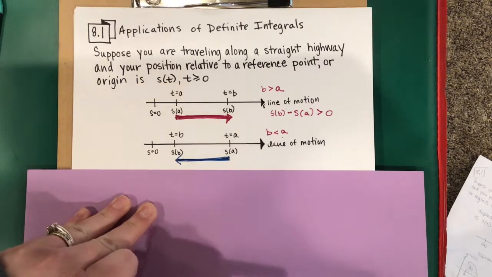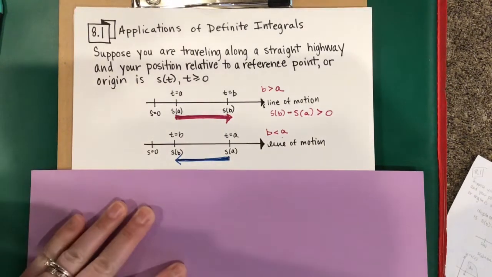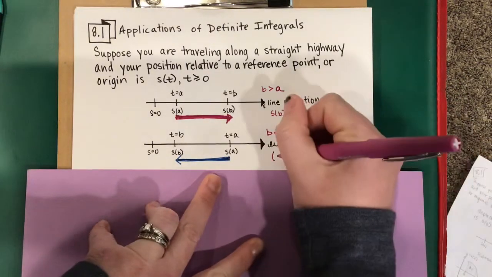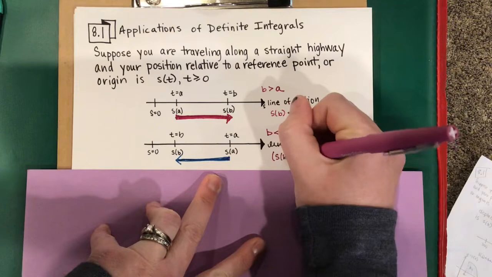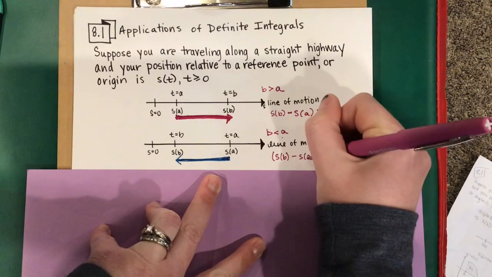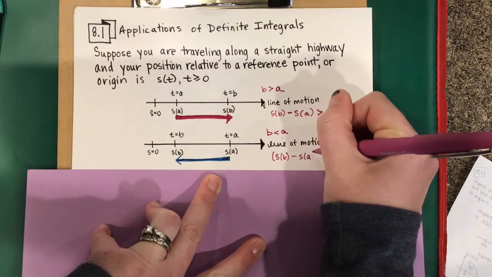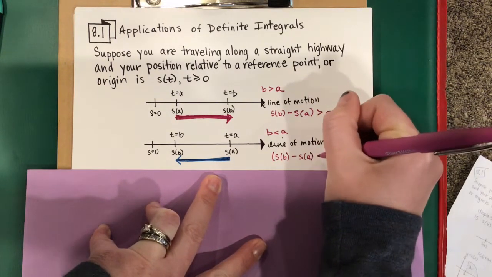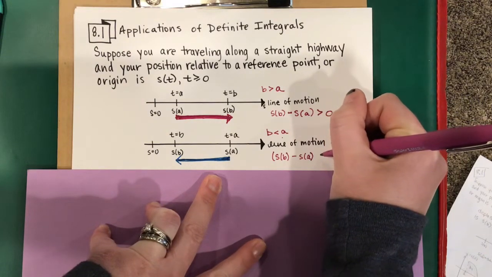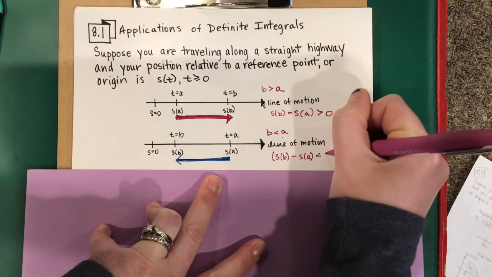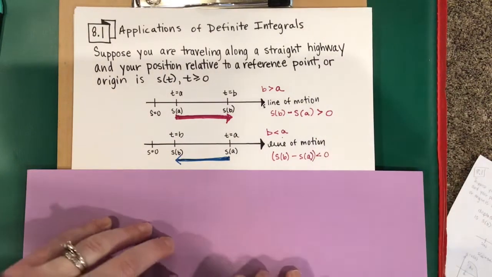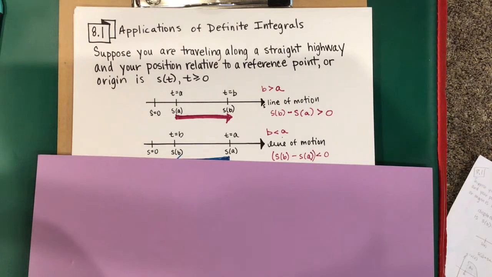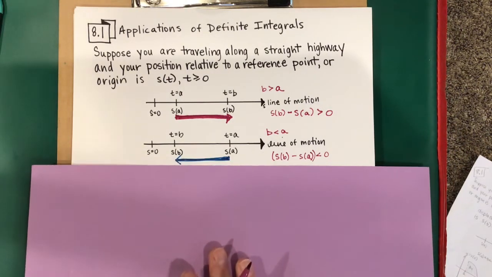My velocity would be negative, and then I would know that s of b is less than s of a. And so this is the really simplified version of when we are looking for displacement and the directions involved.